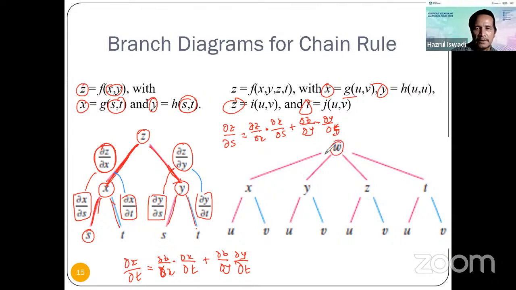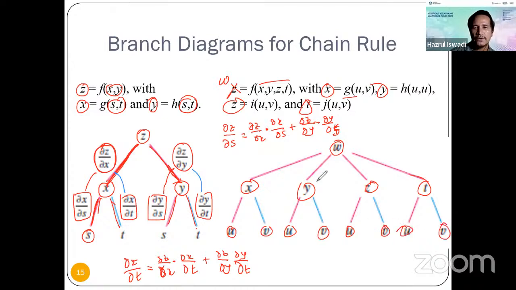The top is w, sorry, this should be w. W depends on four variables x, y, z, and t here, and each of x, y, z, and t is a function of u and v.